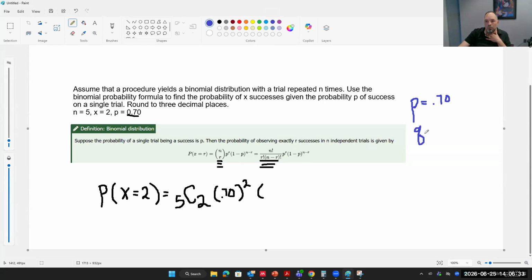So Q, the probability of failure, is 0.30. And that value is this here. So this is actually 0.30.